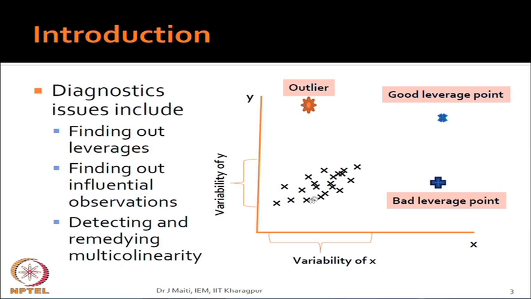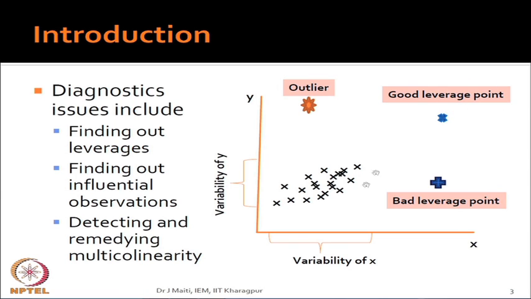It is not distorting the regression line, but the bad leverage point is this one. Because of this, your regression line will shift. So, by diagnostics in multiple regression, we try to find all those influential observations including outliers, leverage points, good leverage as well as bad leverage points.